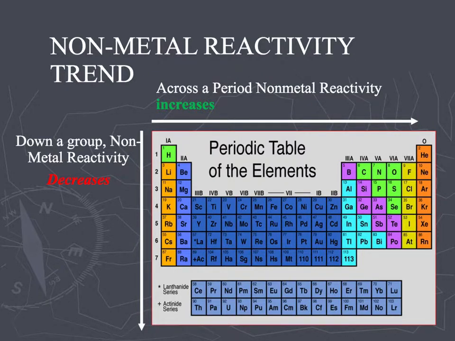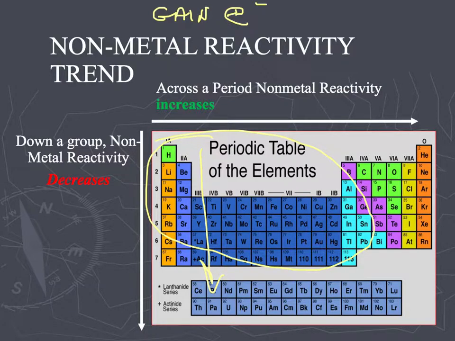It's going to be opposite for the non-metal reactivity, because in non-metal reactivity, we want to gain electrons. That's the definition of non-metal reactivity. Remember that if you're on the metal side, our goal is to lose electrons. So as we go down a group or family, these elements don't want to gain any electrons.